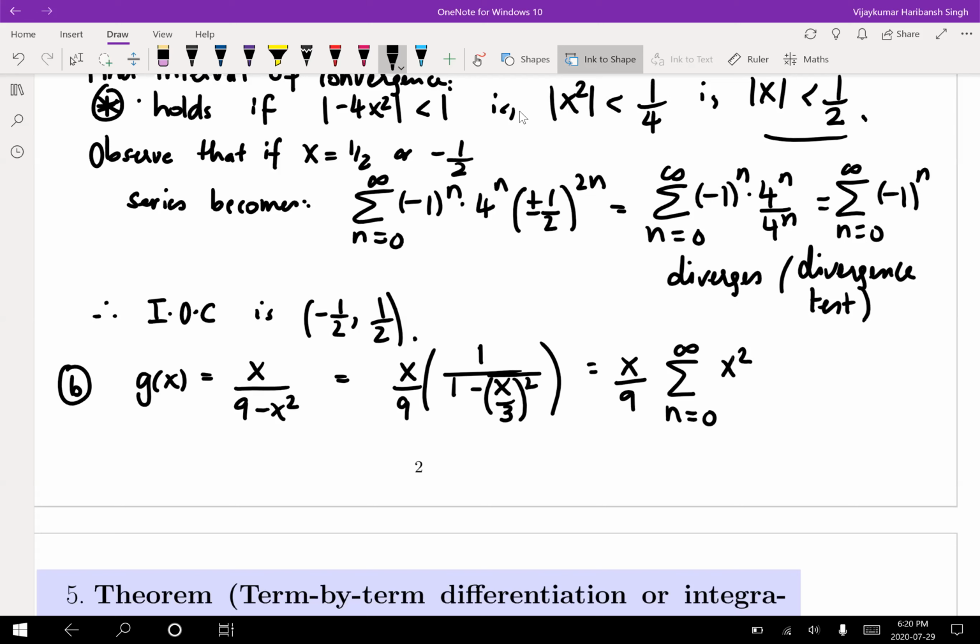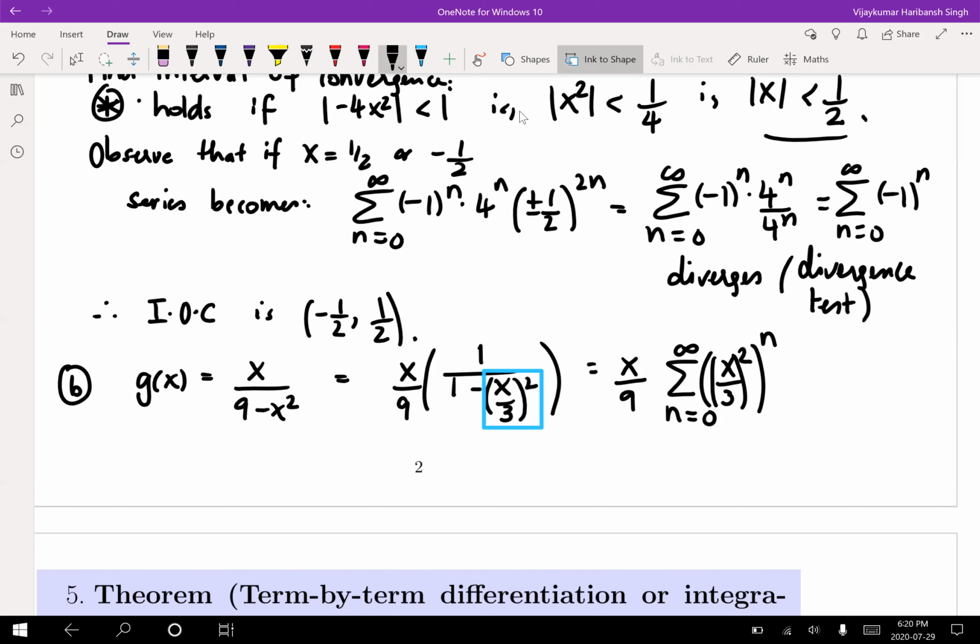So this is your box right here. Yes, so instead of x, you have this thing here. So this will become x squared by 3, the whole power n, right?